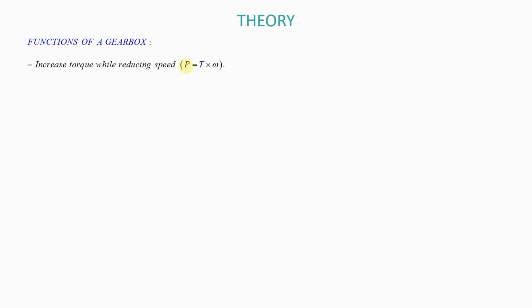For instance, you've noticed when you are driving, for those of you that are driving, when you get to a hill, okay, and you have to go uphill, what you do is that you shift gears down, okay? You go back to first gear, for instance, because in first gear, the speed is low. But then, because the speed is low, for the same power, you can have greater torque.